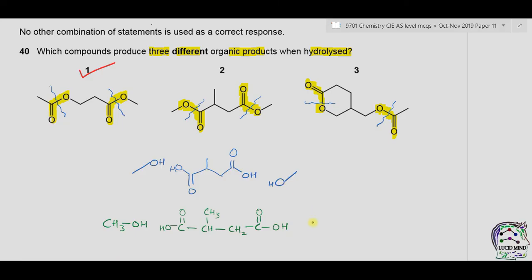The third one is also CH3OH. As we can see that these 2 products are same, so only 2 products are formed. One is this one and one is this one. Therefore option 2 is incorrect.